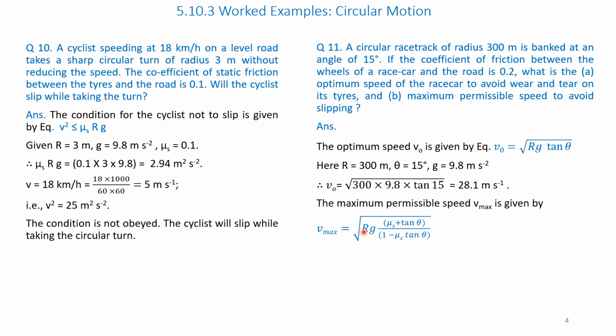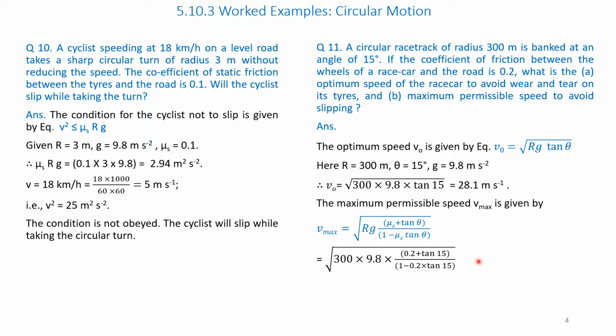Therefore, the maximum permissible speed v max is given by the relation v max is equal to square root of R g times (mu s plus tan theta) divided by (1 minus mu s tan theta). This equation we have derived in section 5.10.2.